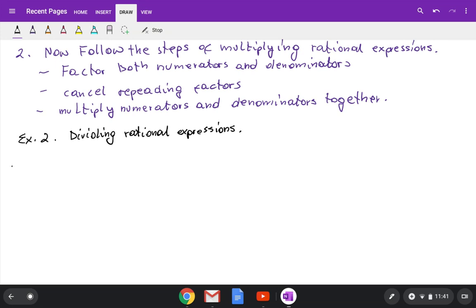Okay, A, we have 7y minus 14 over y plus 1 divided by y squared plus 2y minus 8 over 2y plus 2.